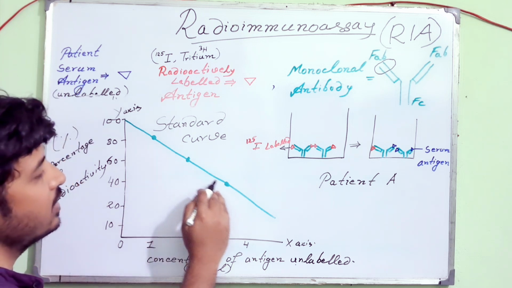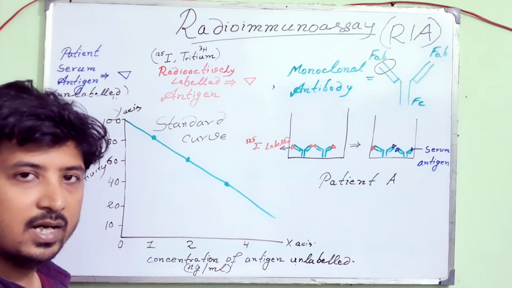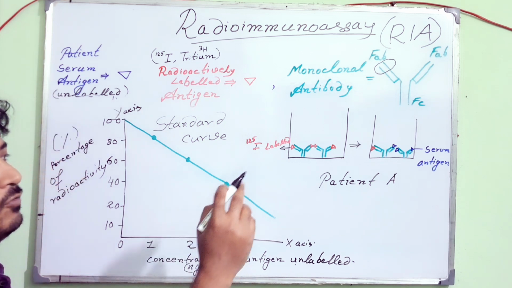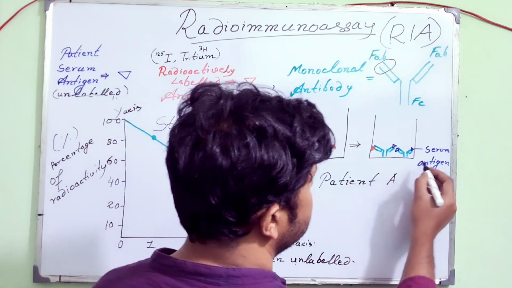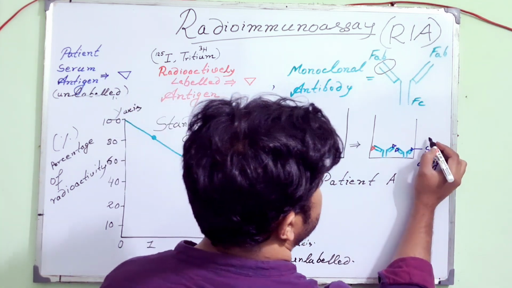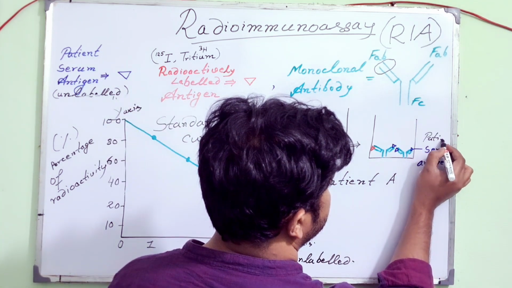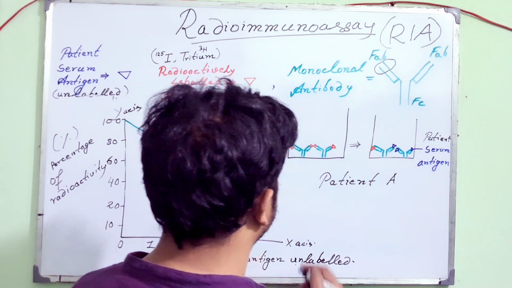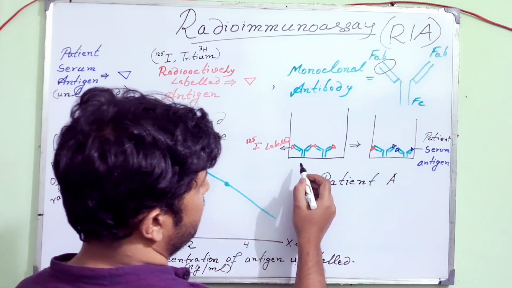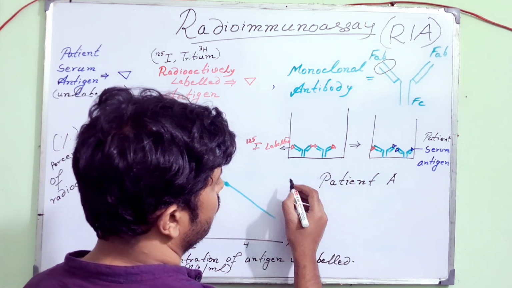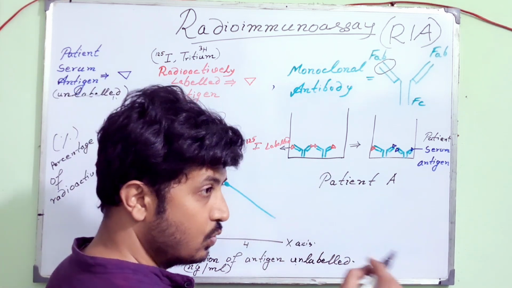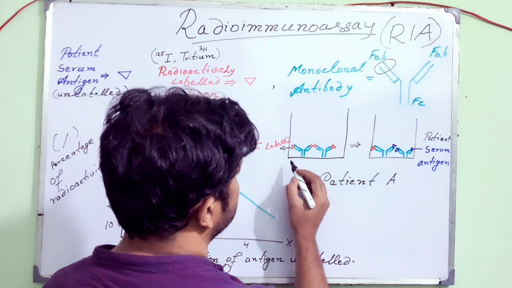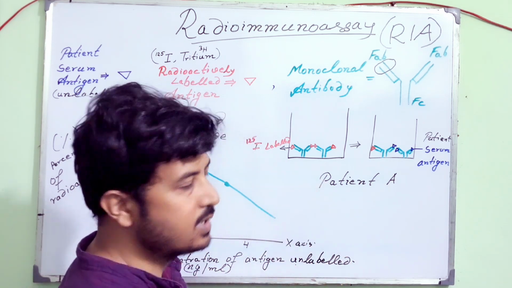This gives you a standard curve. Now this standard curve will be used to find the patient's serum antigen concentration. Now see how. In the experimental wells, where you are giving the actual patient serum antigen, the process will be totally the same.